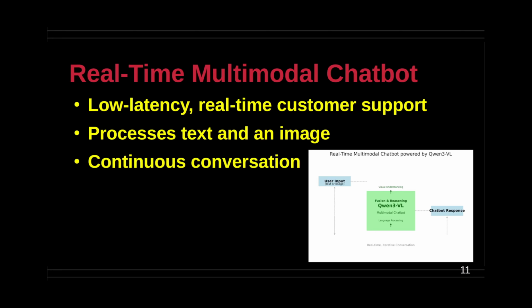This demonstration of a low latency, real-time customer support chatbot prioritizes speed and efficiency over maximum model size. The model processes both a text prompt and an image through base 64 conversion in every conversation turn.